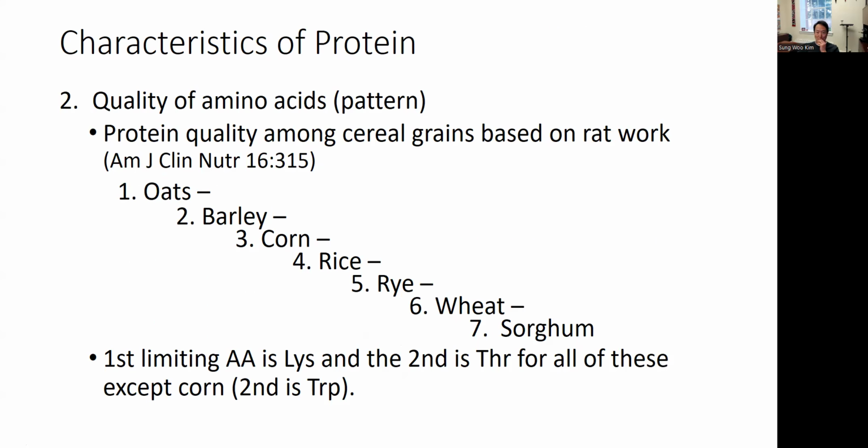Okay, now we continue to talk about quality of amino acids, but this time we will compare the quality of amino acid pattern among different cereal grains. Right? This applies to humans and animals too.